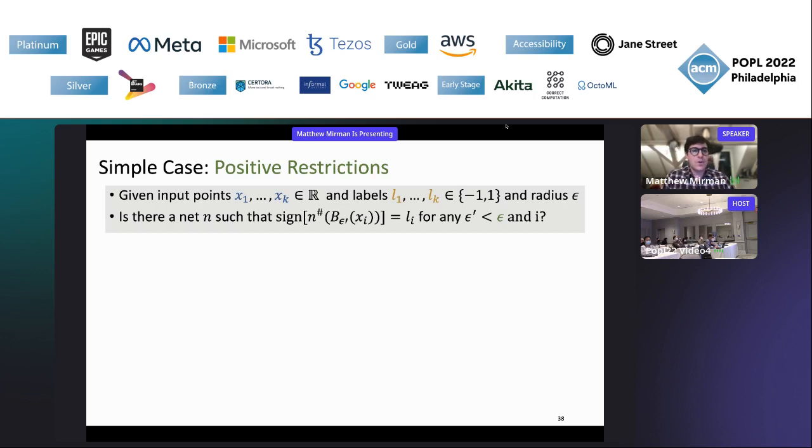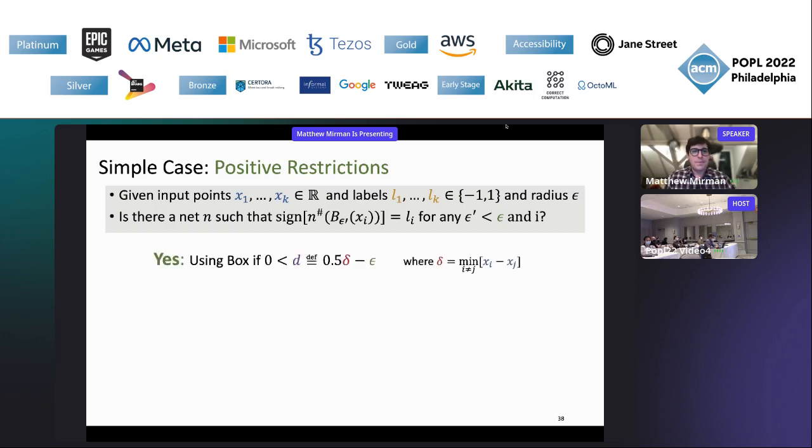We want to know whether there is a network n such that it classifies these points correctly and provably robustly using interval analysis. And we want to do this for any smaller radius than epsilon.